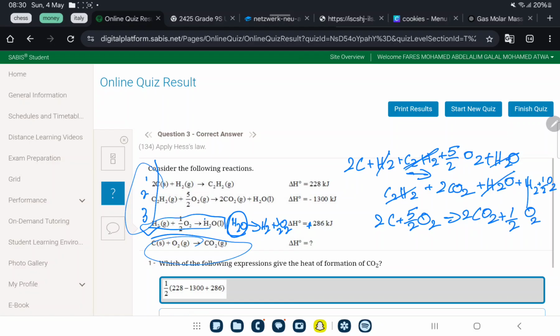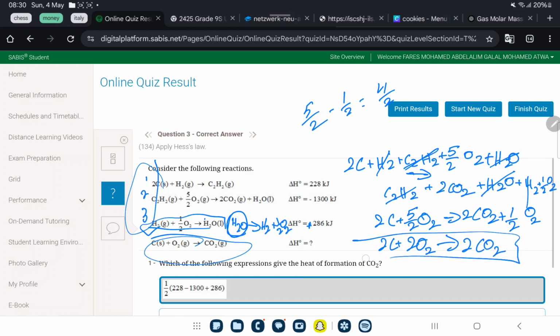It's basically as if you're solving for X. If you move this to the other side it's going to be minus, but you can't move it, they just cancel. 5/2 minus 1/2 gives 4/2. So 2C plus 2O2 gives 2CO2. Now we got the reaction that we want.